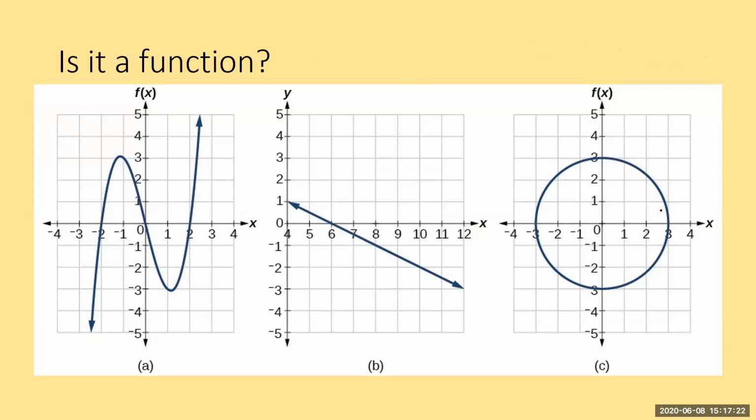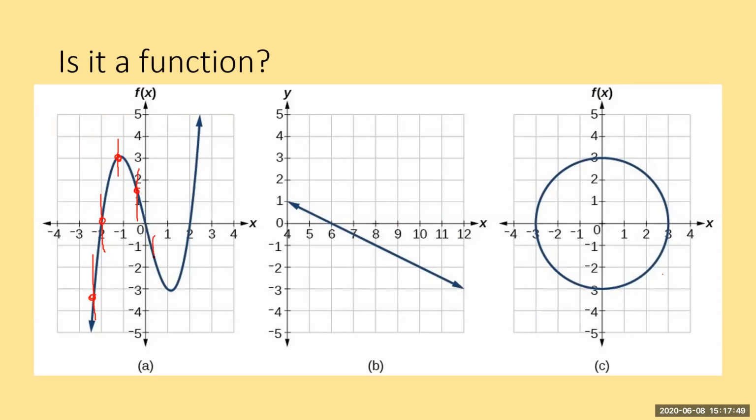So graph A, I can draw a vertical line anywhere through this graph, and it is only going to cross the graph at a single point. So remember, you could be actually drawing these lines, or you might just be visualizing it in your head.